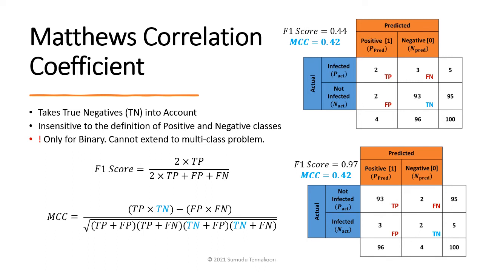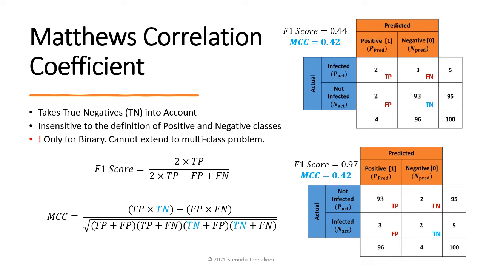In these two examples I'm illustrating on the right side, in the top example, you will see the infected as our positive class and the not infected as our negative class, the same example we discussed earlier. We got an F1 score of 0.44. For the MCC, we get 0.42, taking true negatives into account.